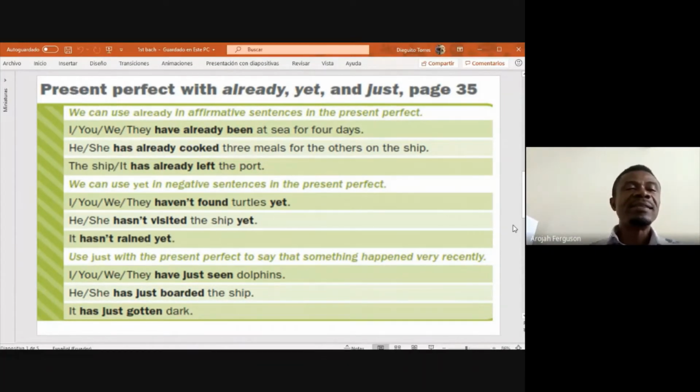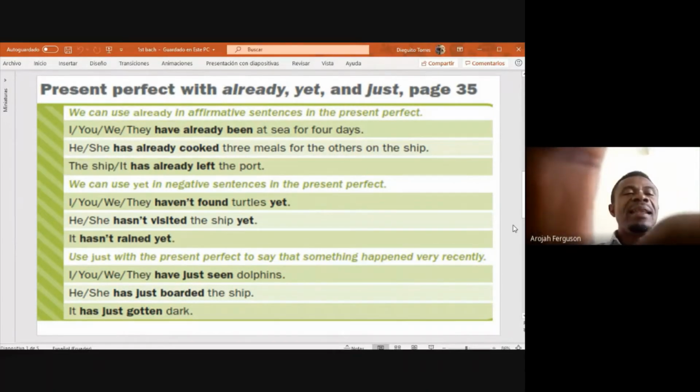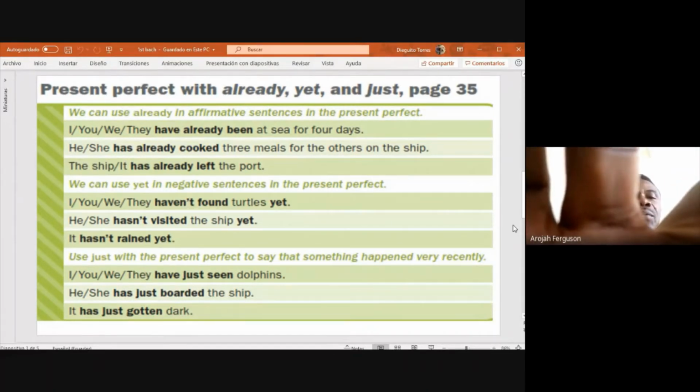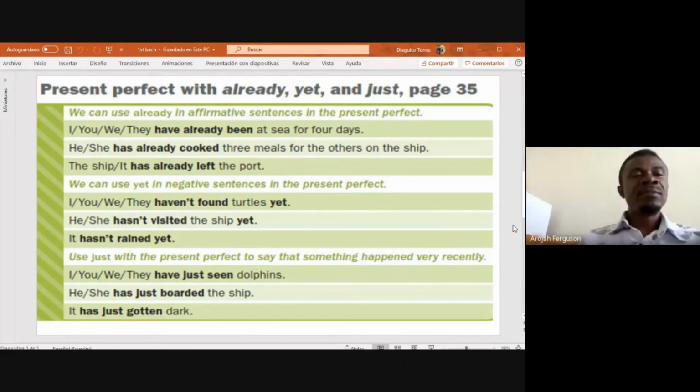The last sentence, it, that's an object, so it hasn't rained yet. Rain is also in the past form. Good. Let's look at the other example in this category, which is just.